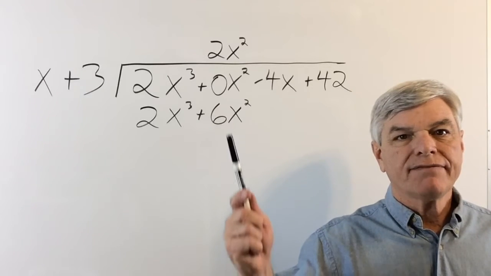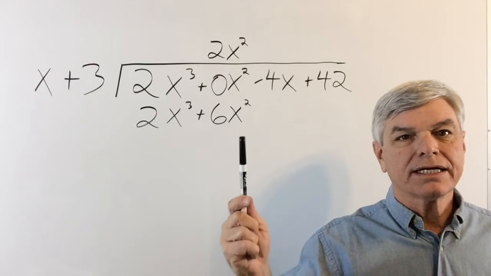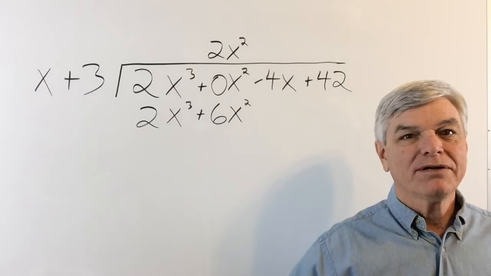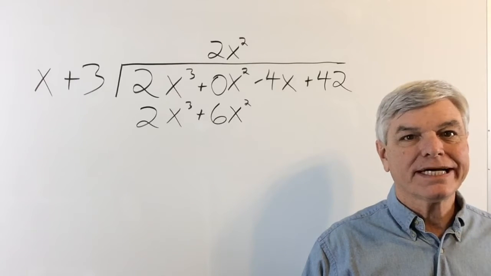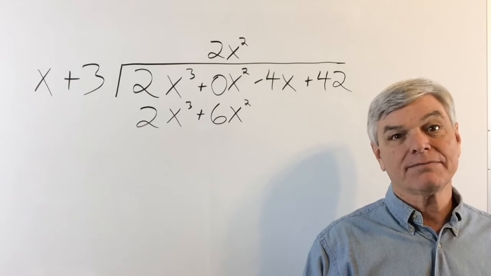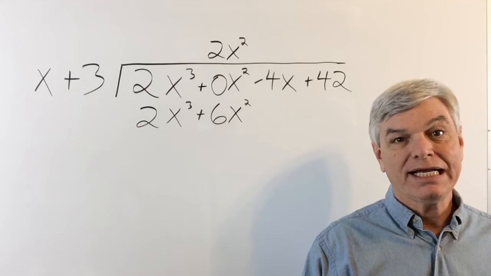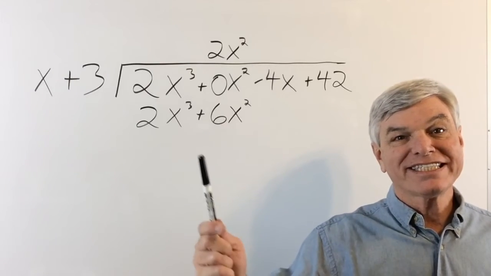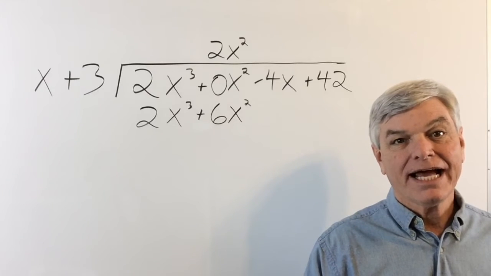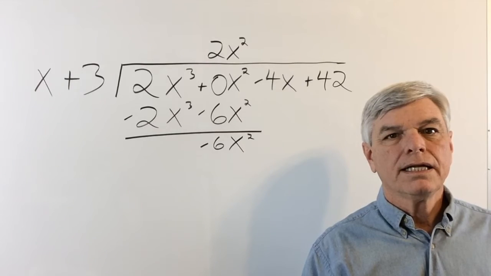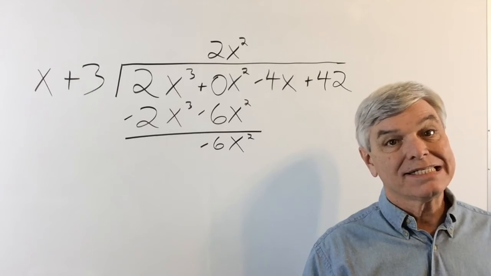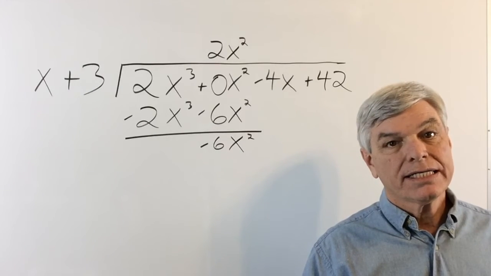And if I didn't have that 0x squared there, I probably would have left that out. I wouldn't have multiplied times the second term in the divisor, or I'd have done something stupid to try to make this right. And you can't make it right if you start wrong. So let's change the signs here and add.